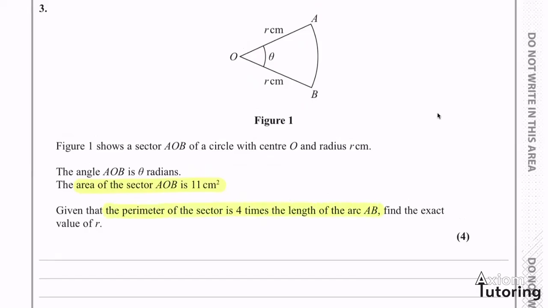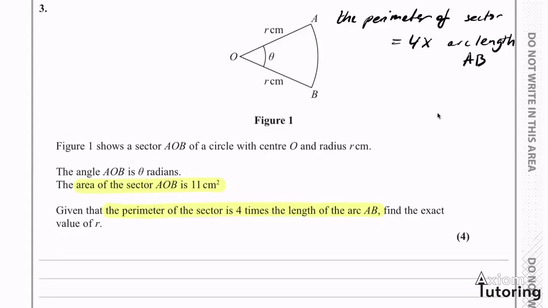So if we extract some of this information, we're told that the perimeter of the sector is equal to 4 times the arc length AB, and we're told that the area of the sector AOB is in fact 11 centimeters squared.